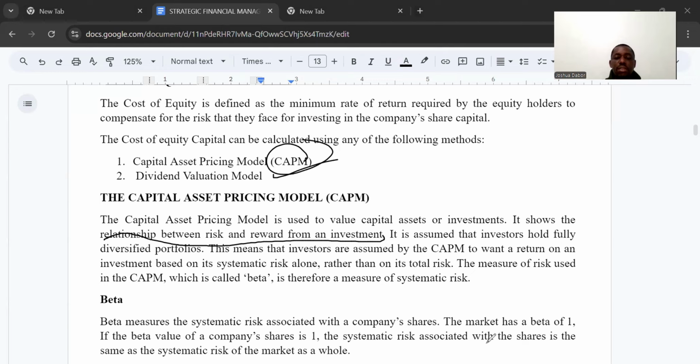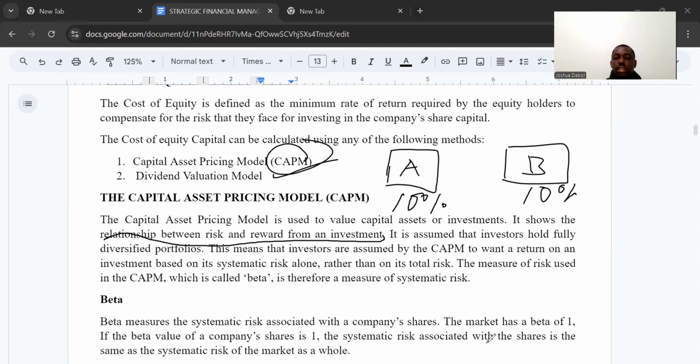Let me break that down. If I have two investments, investment A and investment B, and the risk for investment A is higher than the risk for investment B, let's assume that both investments give a return of 10%, but the risk for investment A is higher than the risk for investment B. As a rational investor, I will not want to invest in investment A because it has the higher risk.